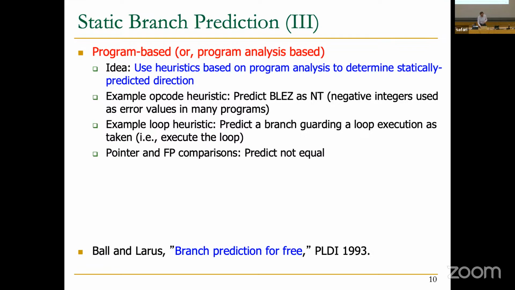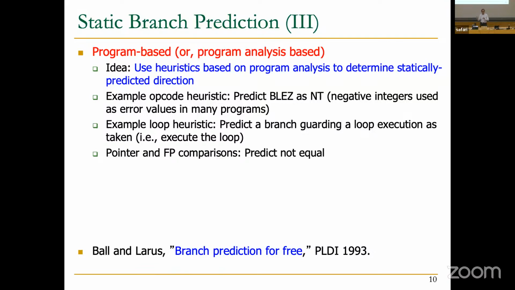Okay, so interesting. And then they also look at some things like if you compare 2 pointers, for example, predict that they're not going to be equal, usually. And you can imagine that when you're doing a linked list traversal, searching for a key in a key value store, for example, probably you're not going to match most of the time until you get to the thing that you're searching for, right? If your input data set is large, you're going to match in only one place, basically, out of n places you examine.